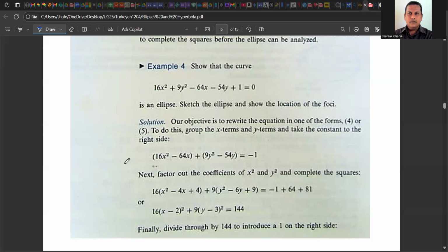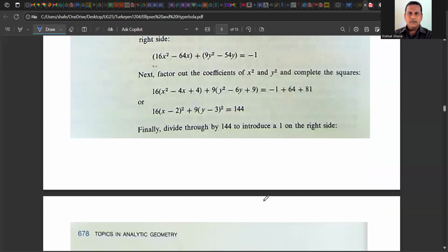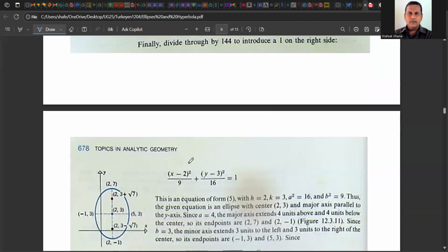I'm not going to do that here, you check the algebra. Do some completing the square business, and you end up with that. They say divide through by 144, and you end up with this here, right?